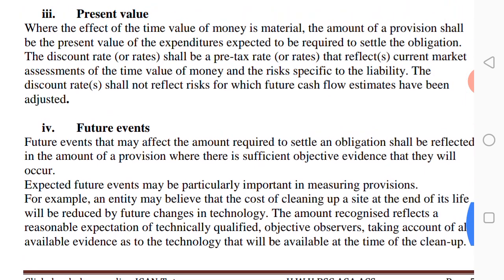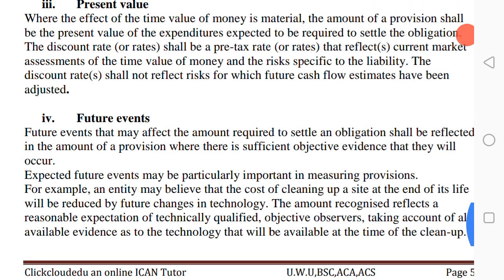Now let's look at present value. When the effect of the time value of money is material, for example, you said the provision will be paid in 5 years' time, and it's very material, so you have to look for the present value.